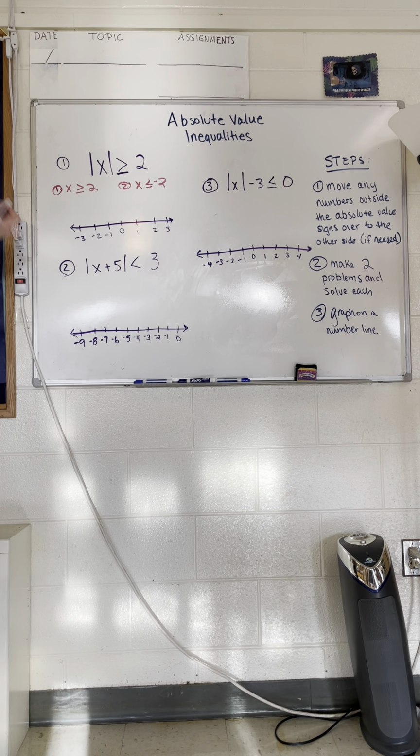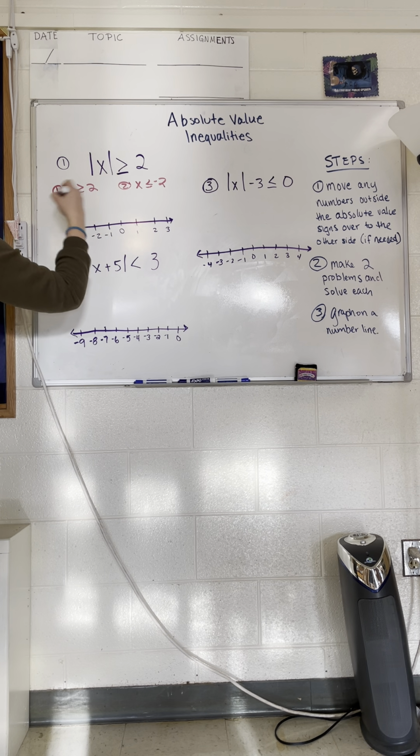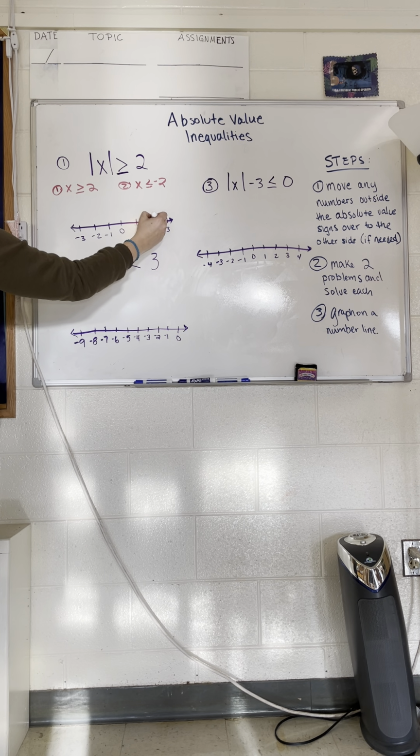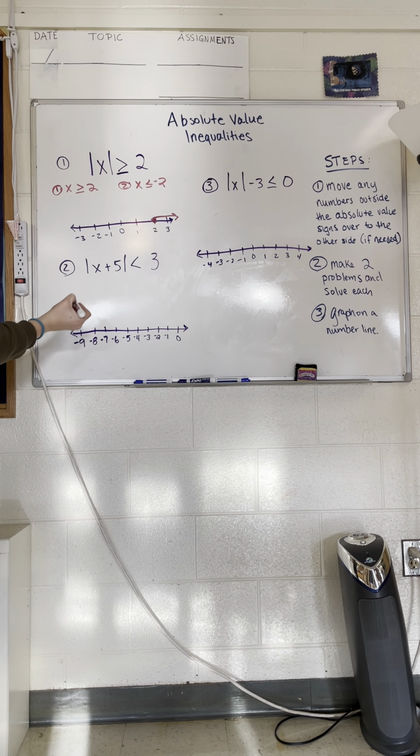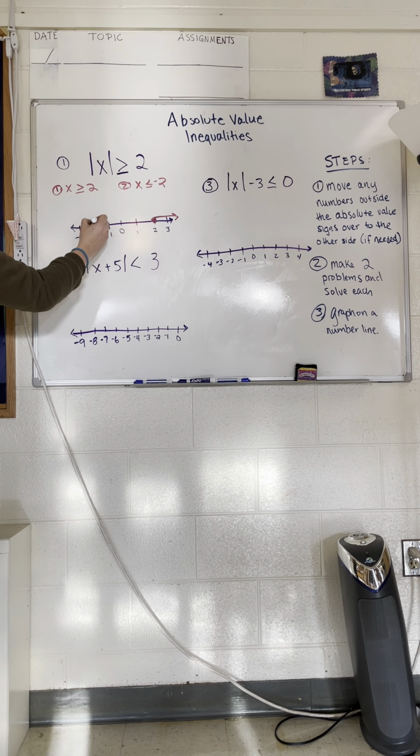So the first one says x is greater than or equal to 2. So that's going to be a closed circle at 2, the arrow pointing this way. And then x is going to be less than or equal to negative 2. Again, that's going to be a closed circle, and the arrow is pointing this way.